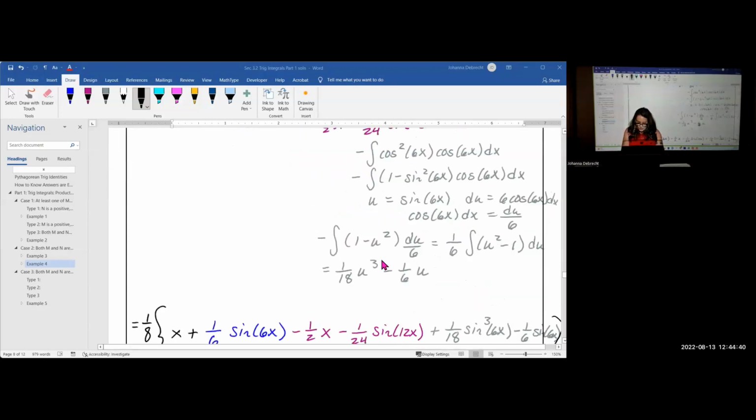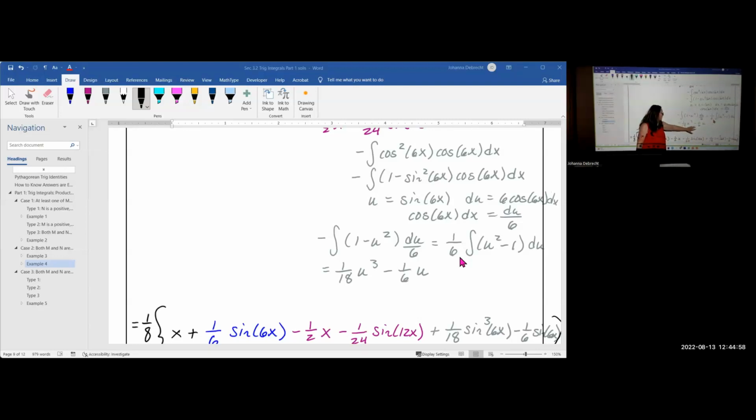So when I come down here, I end up with 1/6 the integral of u squared minus 1. Now I had a negative on the front, and I converted this to 1 minus u squared, but then I took the negative and distributed it across the integral, which is how I got the u squared minus 1.